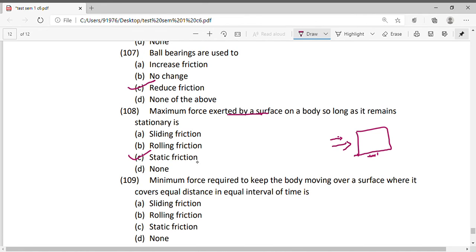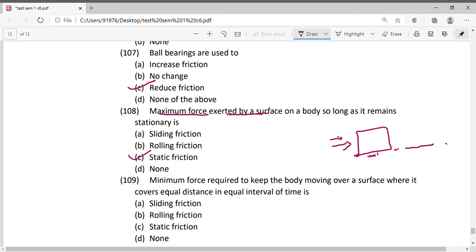is called static friction. The example would be again a bed or a table. If you're trying to push it, initially you have to apply more force to just move it. That maximum force required is called static friction. Now once it starts sliding, it is called sliding friction.